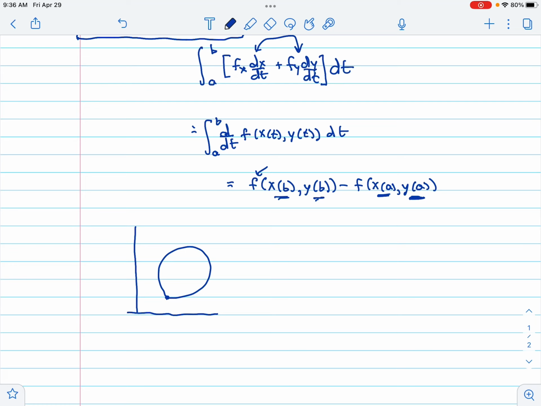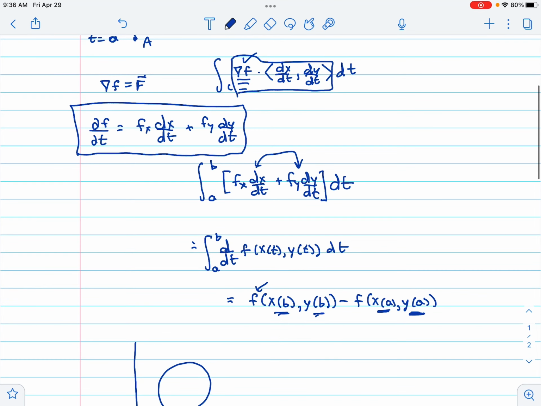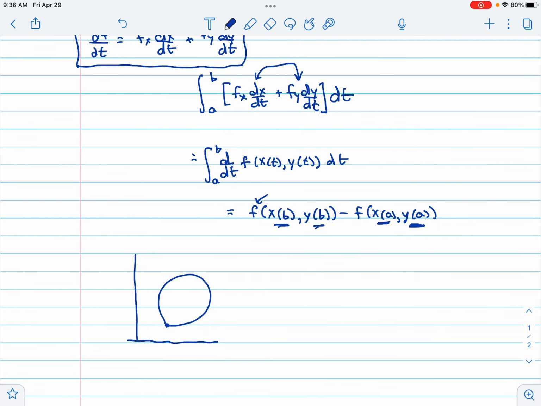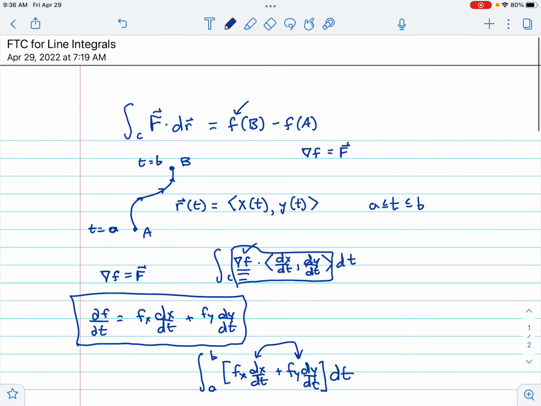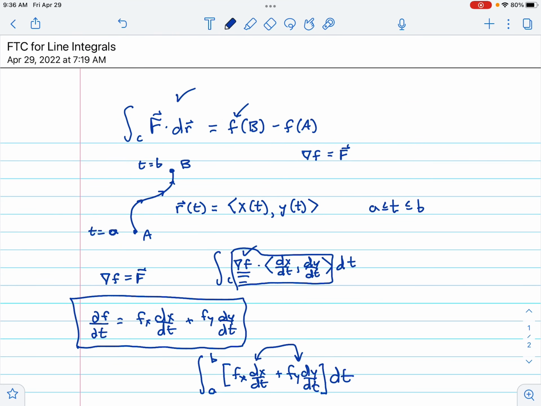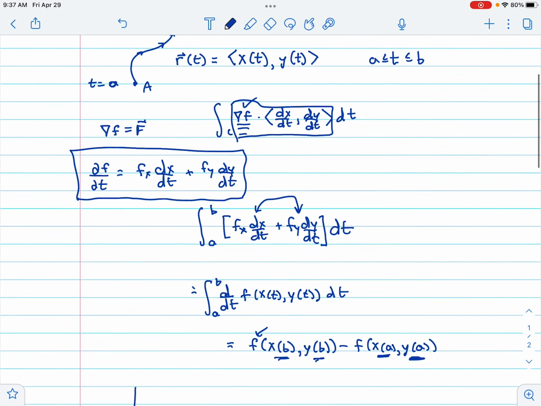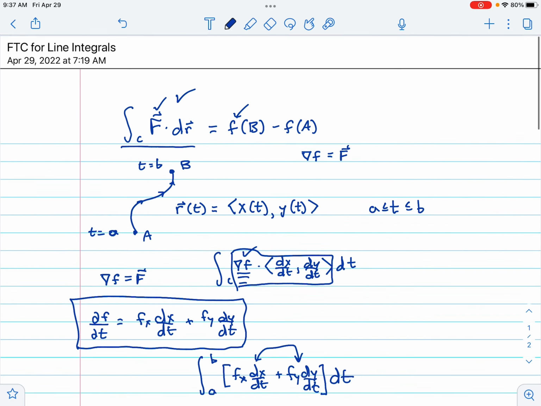If you have a conservative vector field, if F is conservative, and you have a closed path, then that integral is going to be 0. So if F is a vector field that is a gradient field, this line integral is independent of path. This vector field is conservative, of course, and if it's a closed curve like this one, then that integral would be 0.